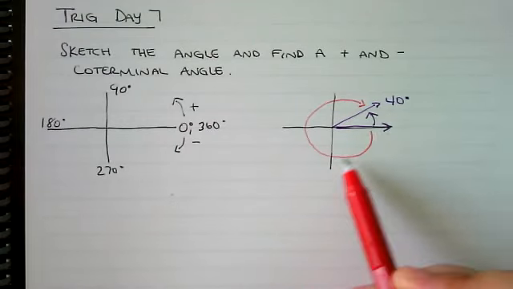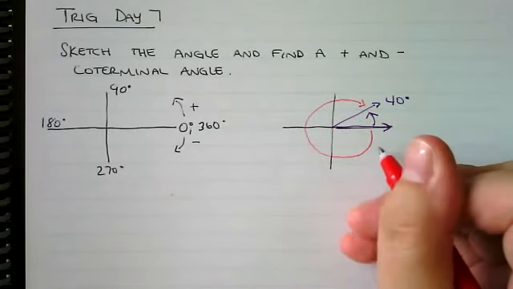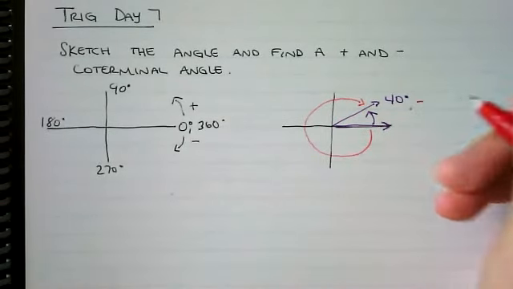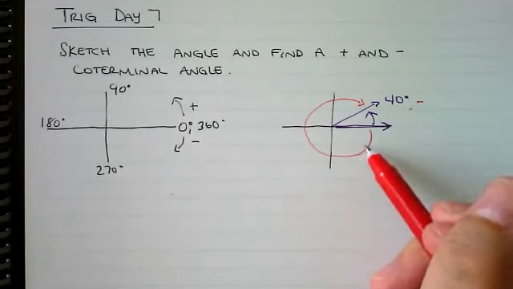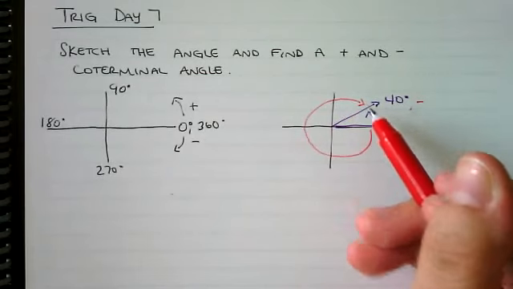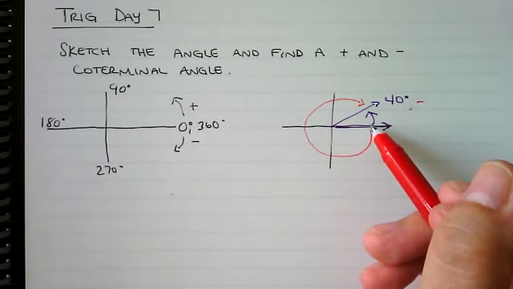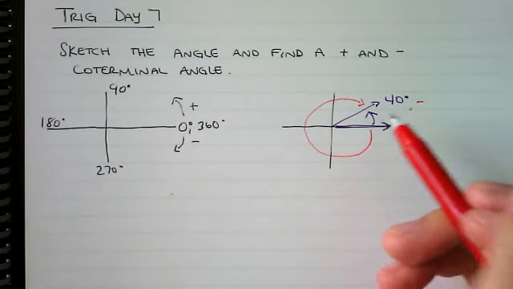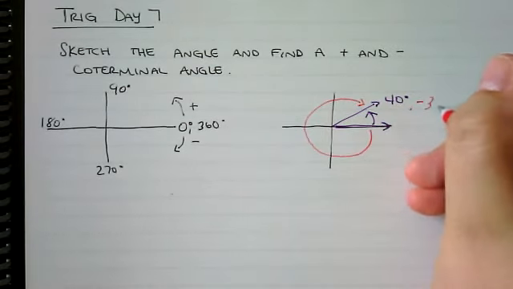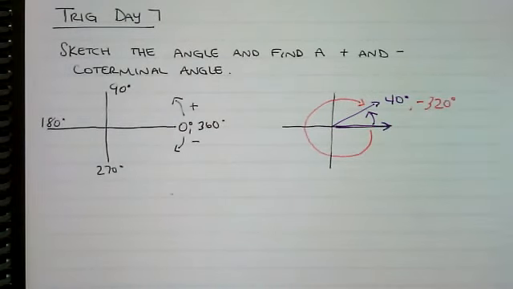So I know I'm going in the opposite direction, so it has to be negative. And I'm going almost 360 degrees, but 40 less than 360. So I'm taking 360, subtracting 40, and I got 320 degrees. So negative 320 degrees could be another way to name that angle.